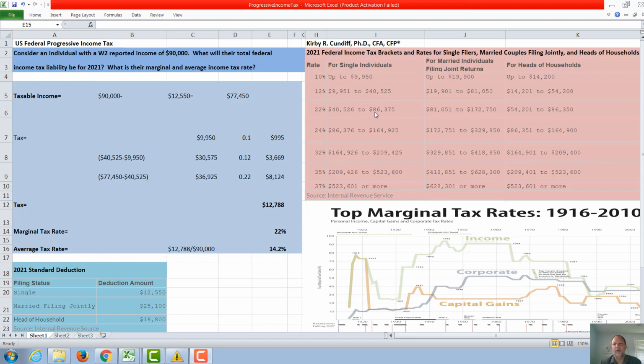The next income up to $86,375 is taxed at 22%, and then up to $164,925 at 24%. Up to a little over 200,000, 32, up to a little over $500,000, 35, and currently above that, 37. The Biden administration is currently proposing creating again a 39.6% tax bracket above this.